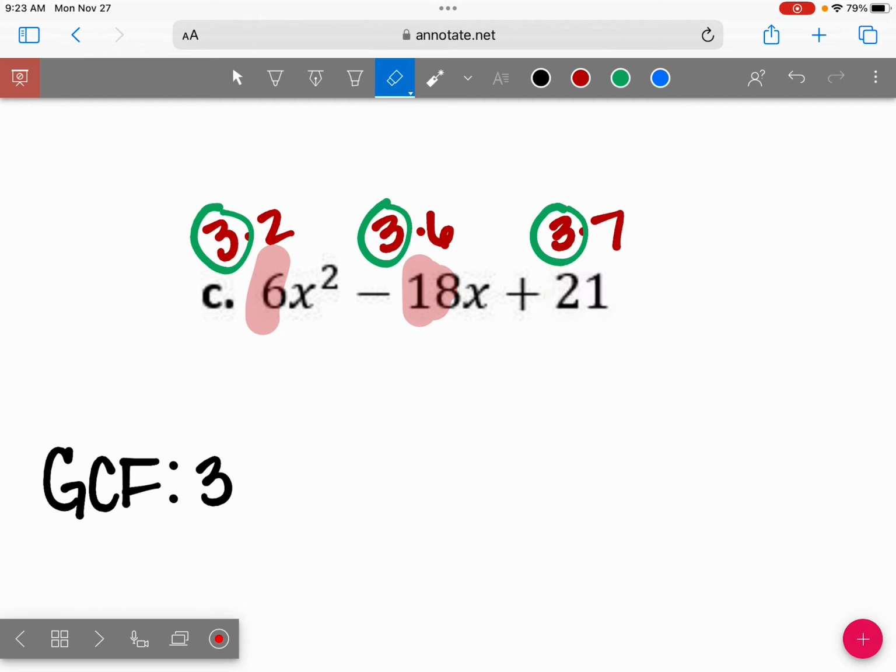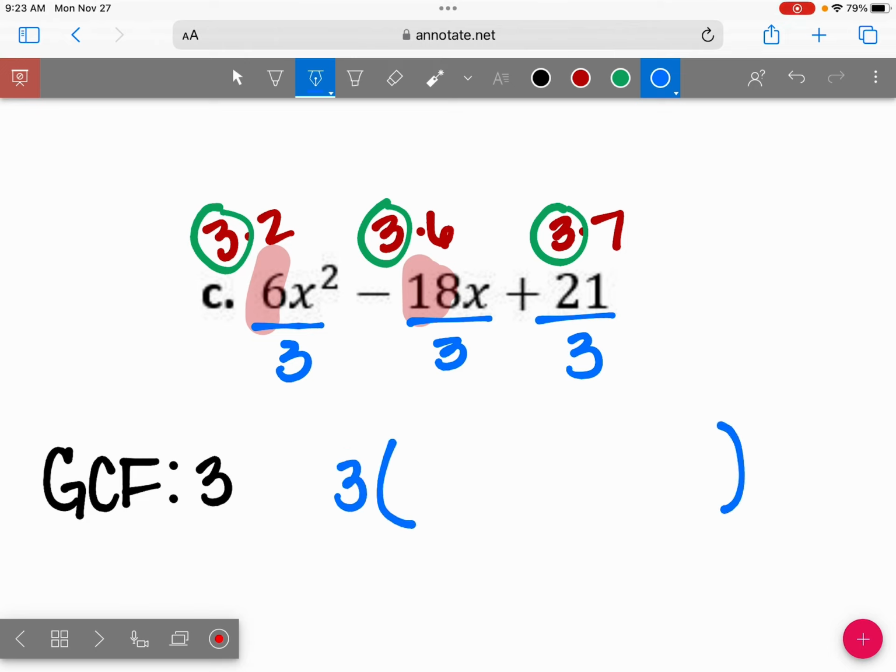Okay, so let's go ahead and divide everything by 3. So 3 is on the outside. Go ahead and divide it out and write what you would have left on the inside.